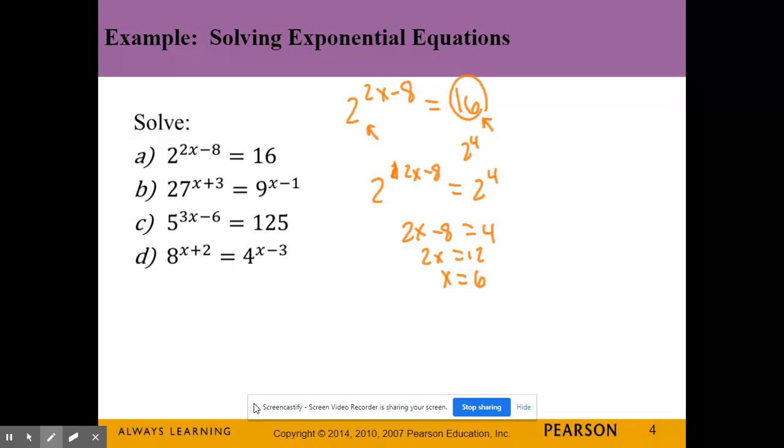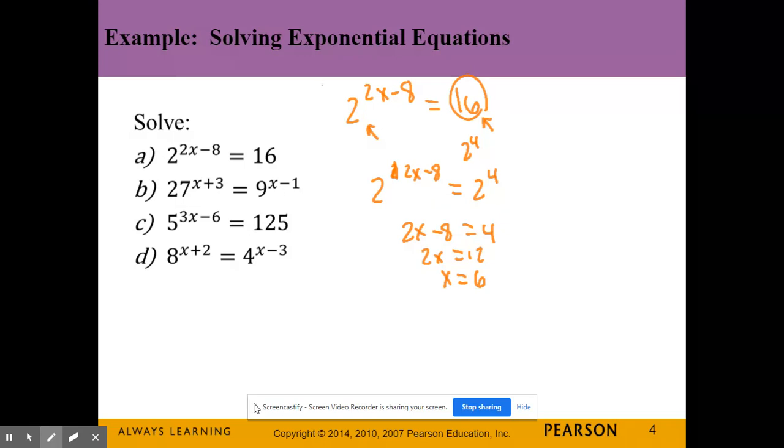Okay? So I'm going to do part B because there's something I want to show you about this that's a little different than part A. So in part A, we only had to manipulate one of the sides, right? Because I could turn 16 into 2 to the power of something, right? Well, 27 and 9, I can't turn 9 into 27. There's not an integer power I can put on 9 and make it 27.